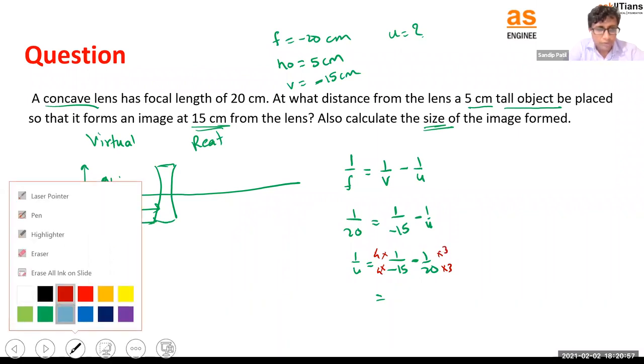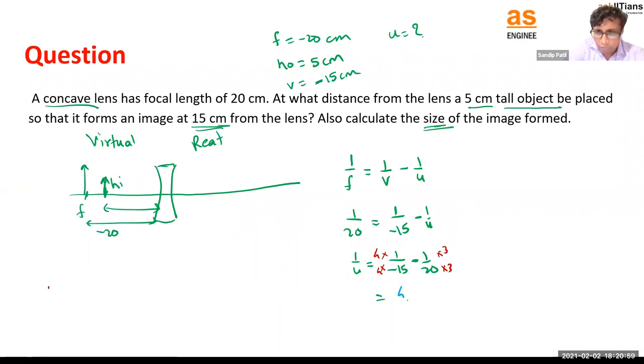Okay, so what I'm going to get here will become 40 by minus 60, and this is 3 by 60. Both have the minus sign. Can I say this is minus 7 by 60? Right, that's right. Okay, so we are getting obviously a minus sign, U will be minus 60 by 7. Here you can keep the object, then we will get the image there.